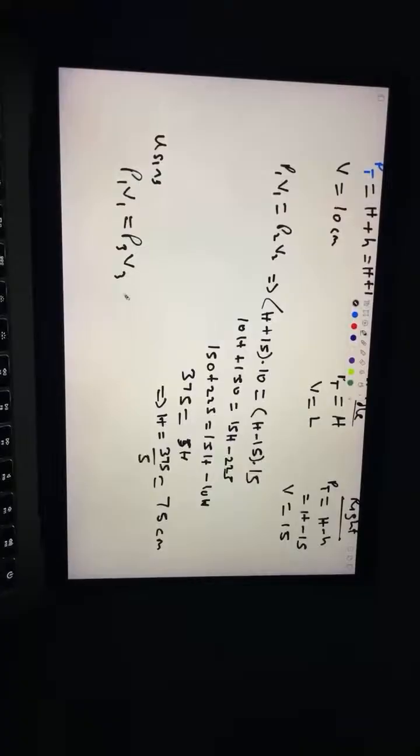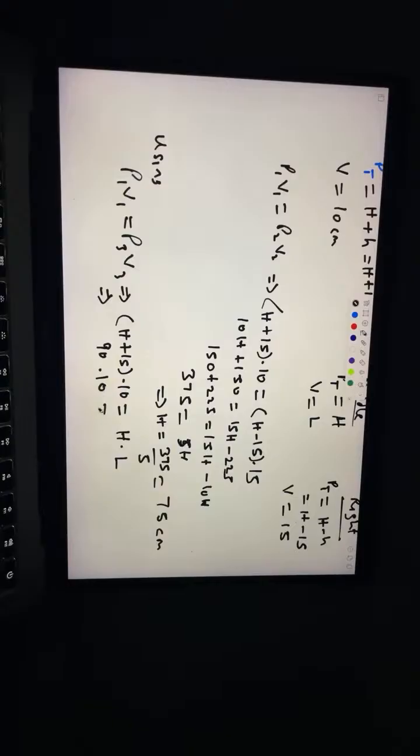So this would imply that my P1 is H plus 15, then my volume was 10, H times the volume, which is the length of the air column in the second case that I'm looking for. In this place, I've been able to get my H. My H is 75. So 75 plus 15, that will be 90.